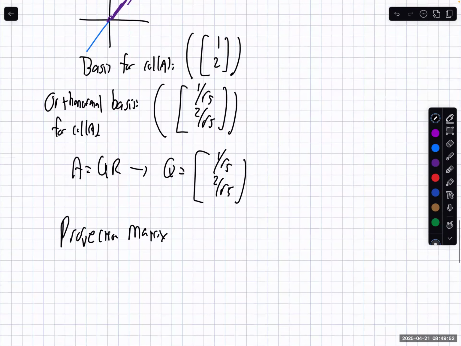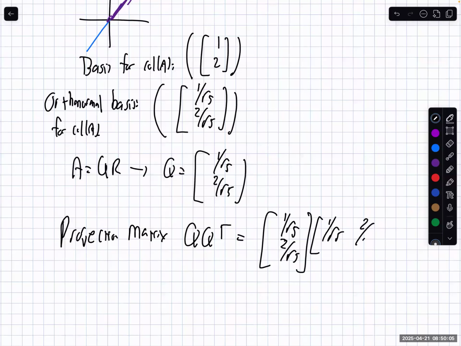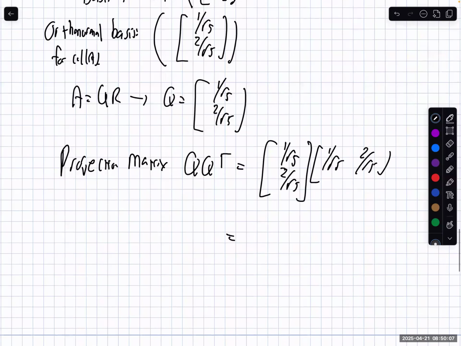And the projection matrix is Q times Q transpose, which is 1/5, 2/5, 2/5, and 4/5.